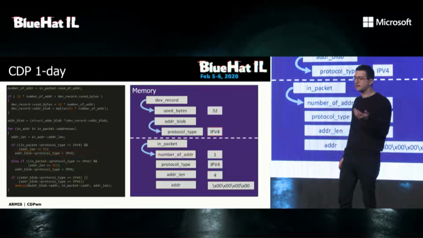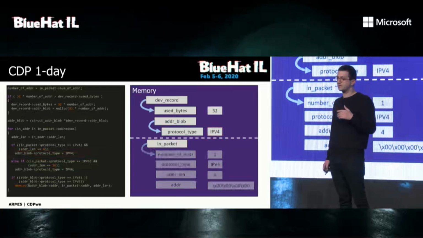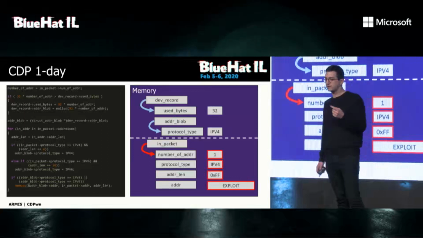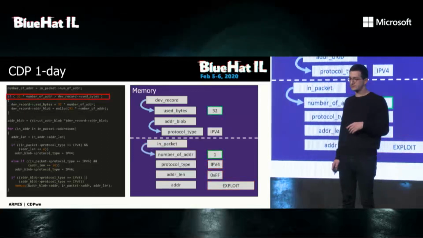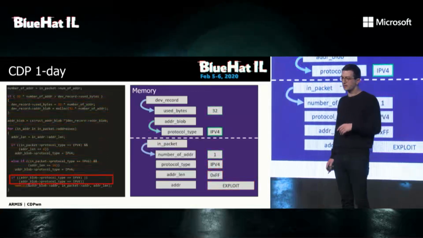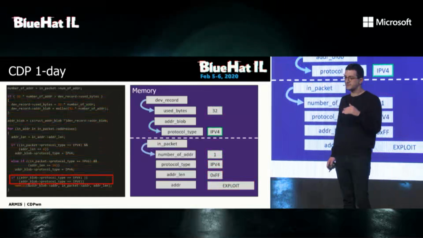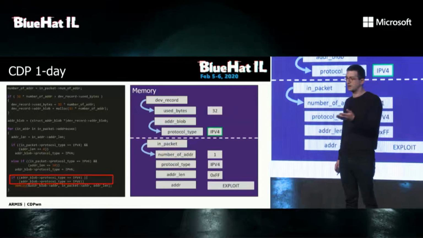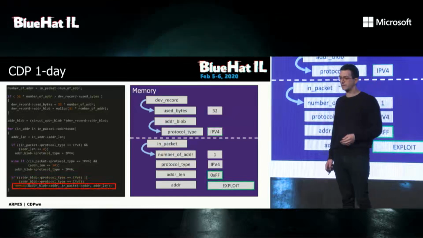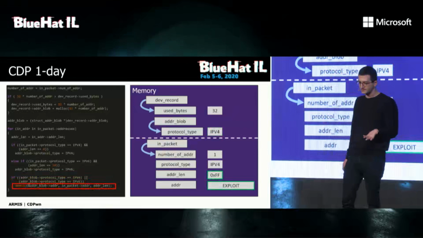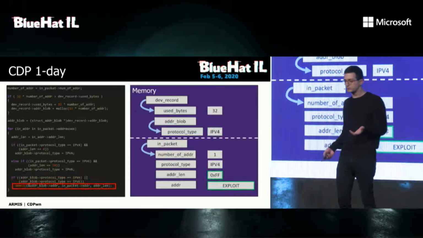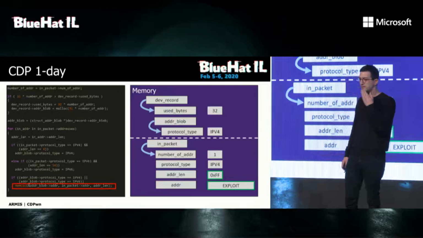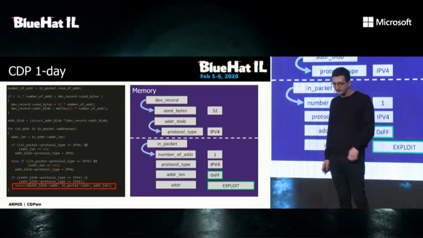And then a second packet can be sent, this time with an address length that is large, but the same number of addresses. So the address blob will be reused, and we won't enter any of these ifs, but the protocol type being set in the previous one would already be IPv4, and then the memcpy will occur. So this is a heap overflow with attacker-controlled data. Sounds pretty exploitable, and an attacker can also trigger this multiple times.